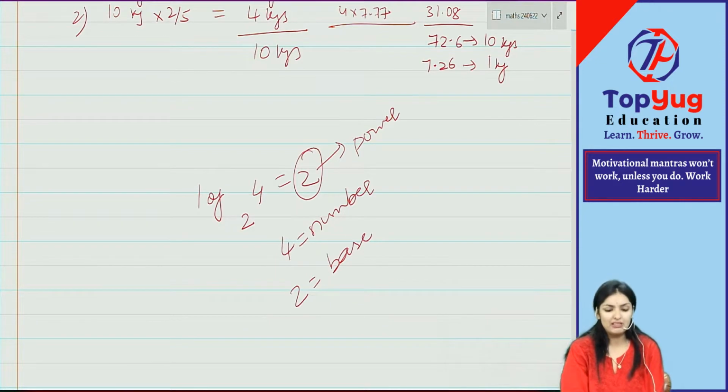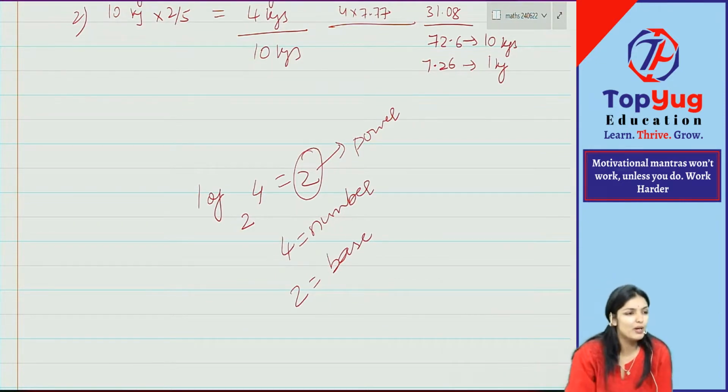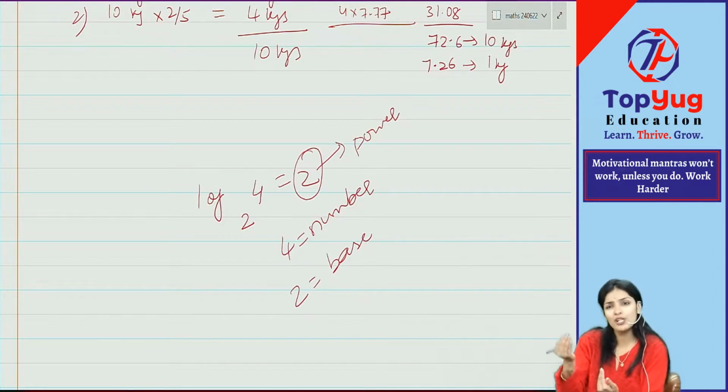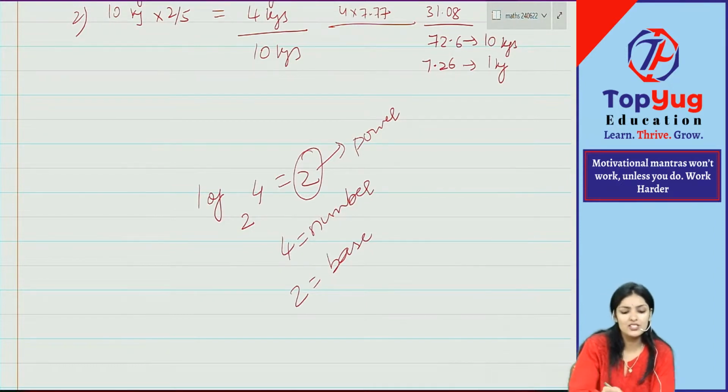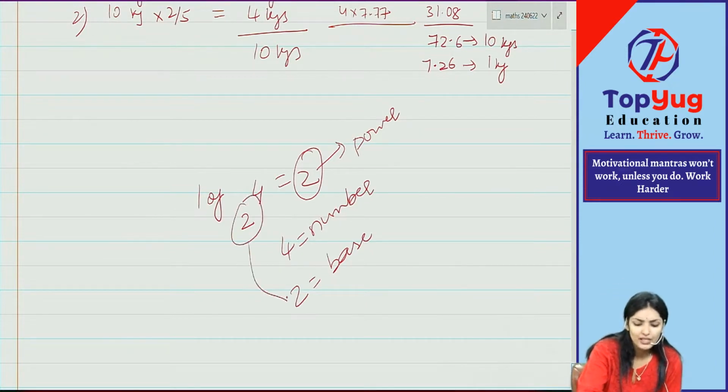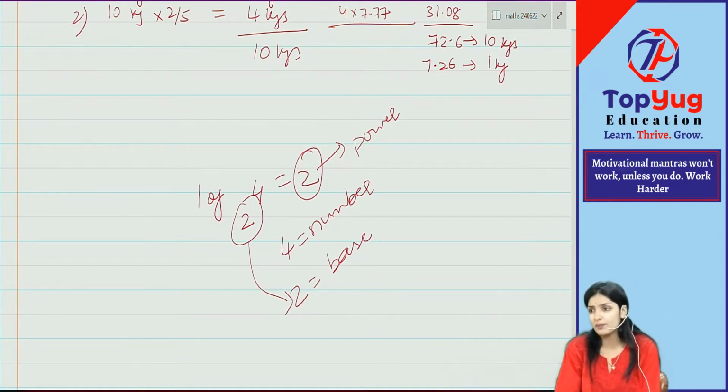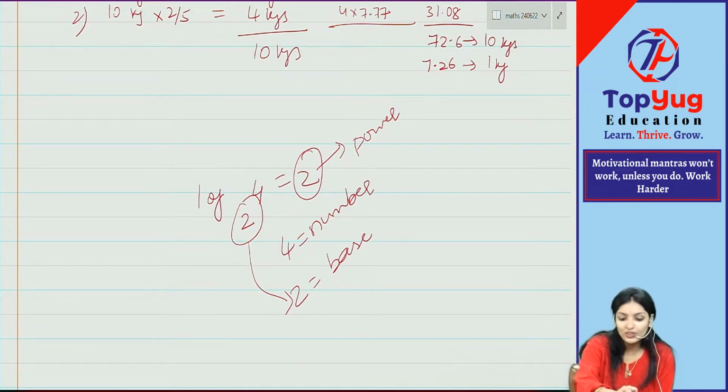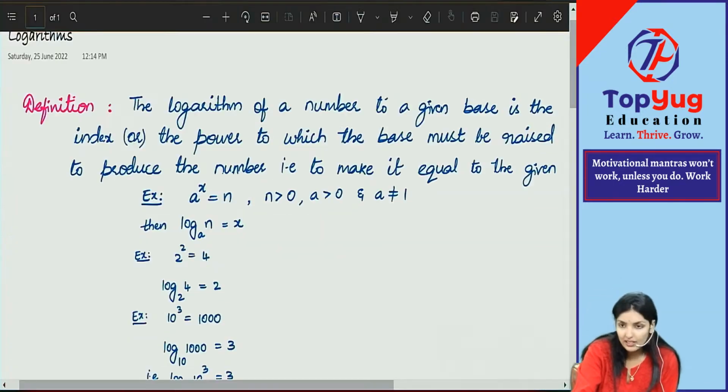Now you might be thinking, in power and indices it has to be something above the number. But she's putting 4 as the number and then considering this 2 as the base and the right hand side 2 as the power. Guys, this is not indices. It is logarithms. Is this part clear? Now let me get to the definition.